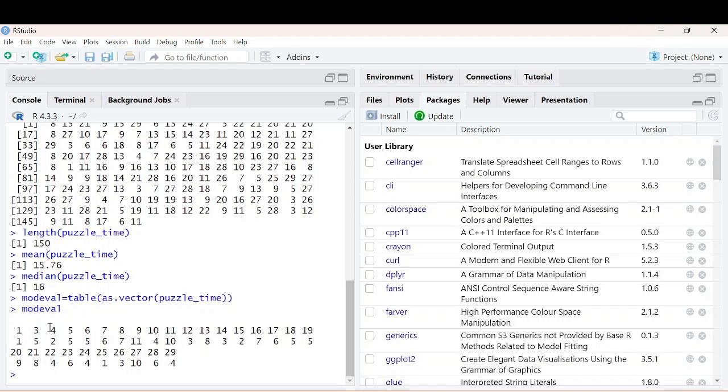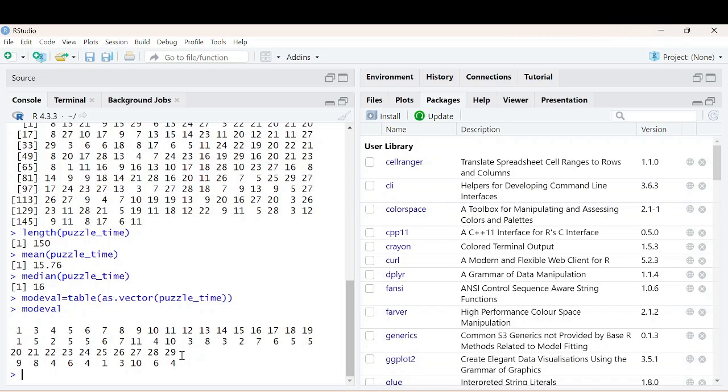For example, 6 minutes taken by 5 patients, 29 minutes taken by 4 patients. You can see the minimum time taken by 1 patient, that is 1 minute, maximum time taken by 4 patients. So if you convert the raw data to discrete data, you can come to some conclusion.